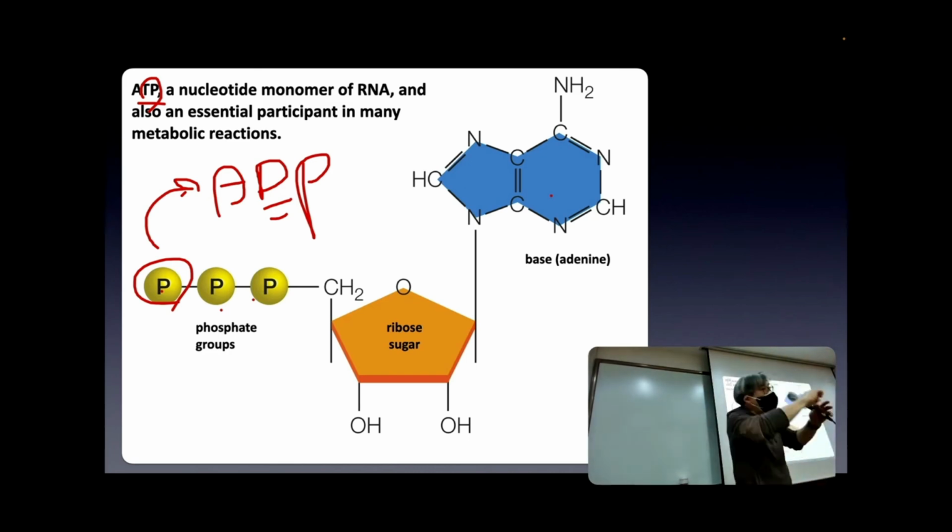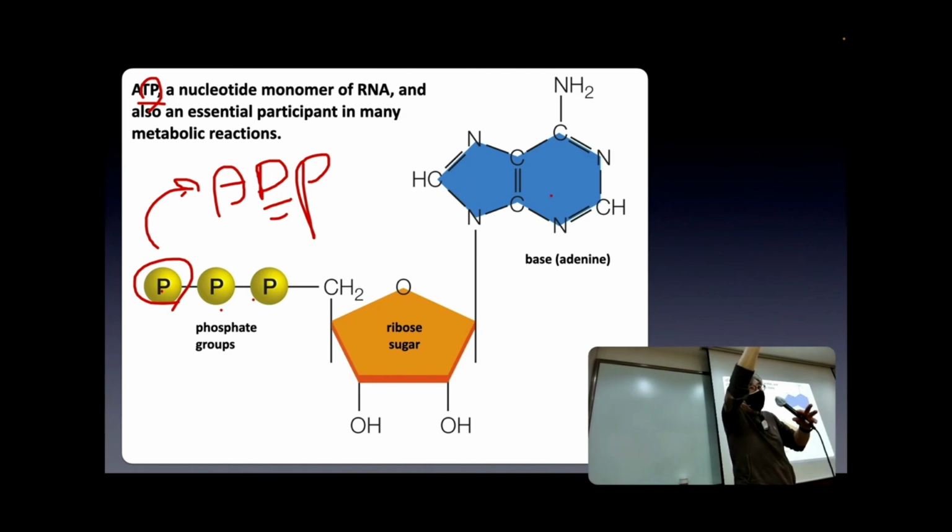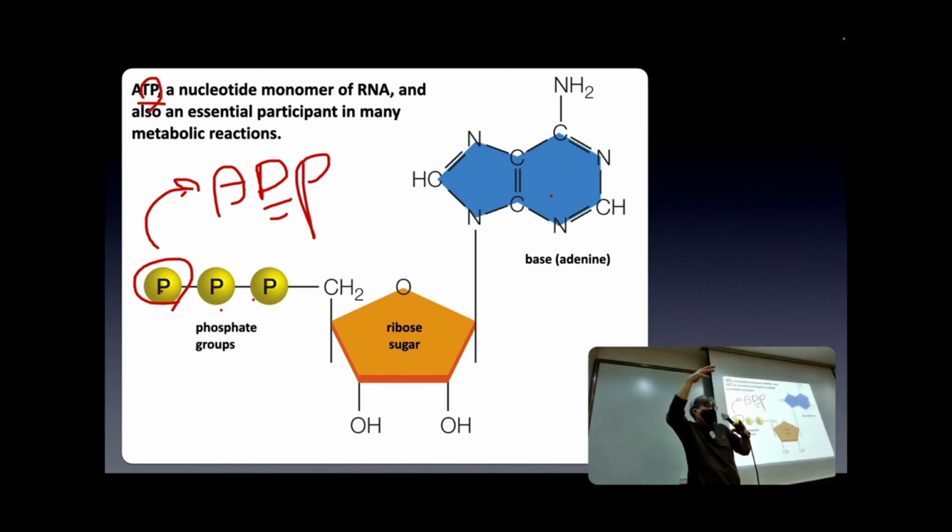If you take this one phosphate off, then energy will be released. Just like using any battery, after releasing the energy, the ATP will become ADP. Then it goes to where the food is being broken down to recharge itself. That's how you do it.